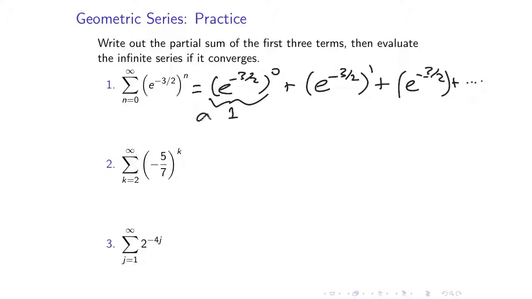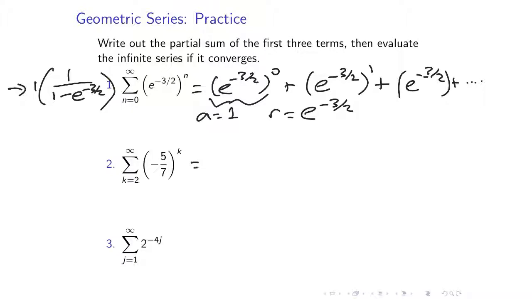And the common ratio, the number that this is based on, is e to the minus 3 halves. These are powers of e to the minus 3 halves, or another way of saying it is that the ratio between successive terms is e to the minus 3 halves. So therefore this converges to 1 times 1 over 1 minus the common ratio. Again, first term times 1 over 1 minus r.